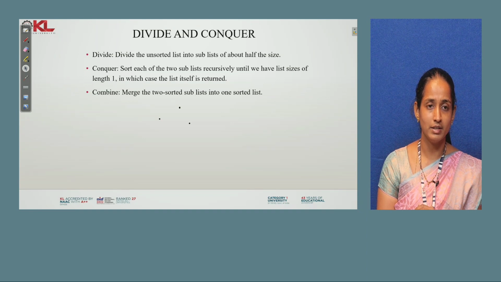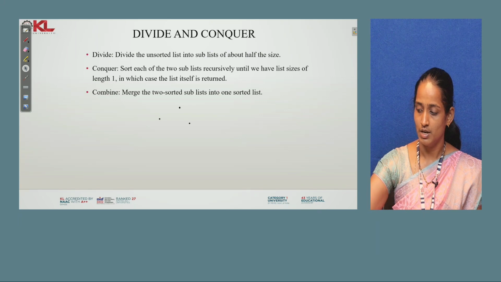Then internally we apply the merge process, which combines, that means sorts, the individual elements and returns them as two sublists. Finally we have the phase of combine, which merges the two sorted sublists into one sorted list.